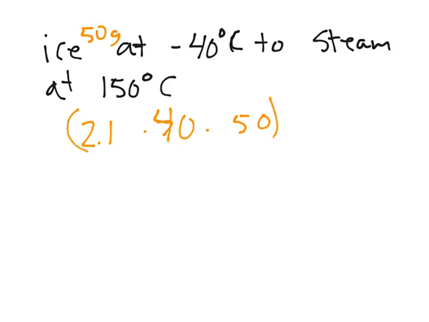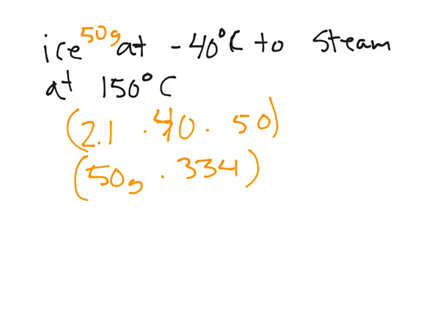Then we need to melt it. So we're going to take our 50 grams times our heat of fusion, the energy required to melt it, which is 334. That's our second step. Then we have heating the water.